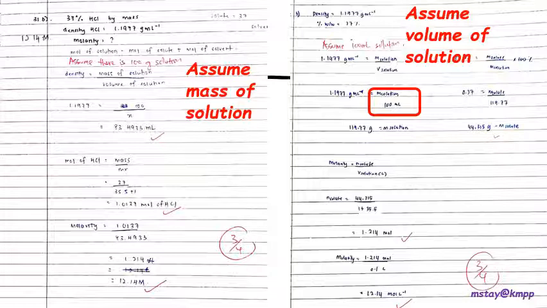So from these two examples, we can know that students can make assumptions according to what they understand, and assuming any amount is possible. Again, you have to be very clear to differentiate solute, solvent, solution.